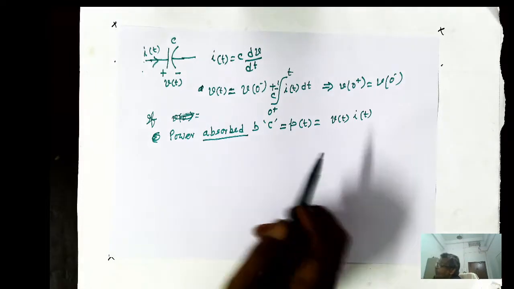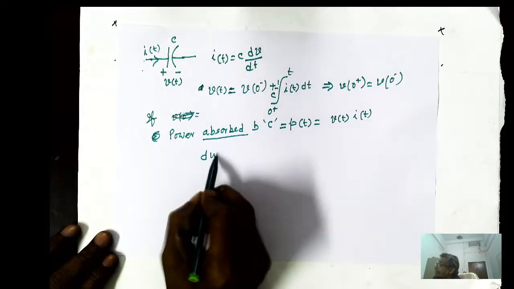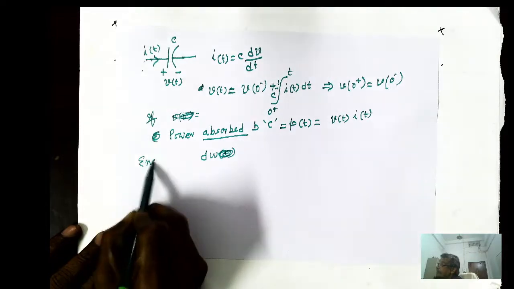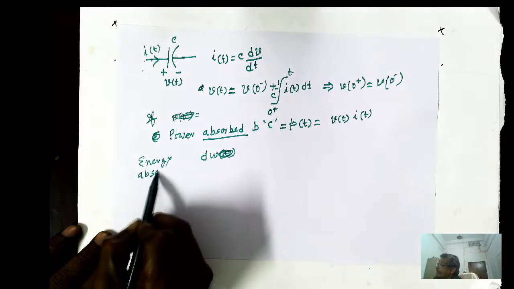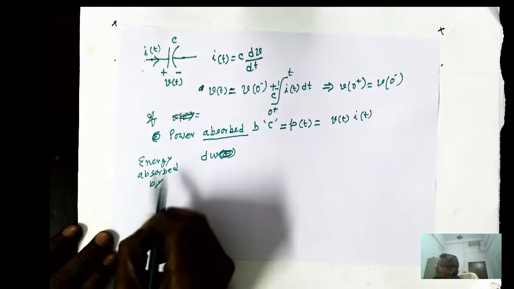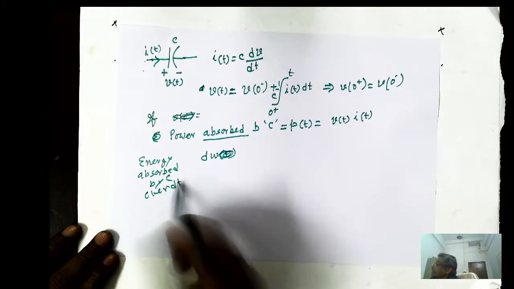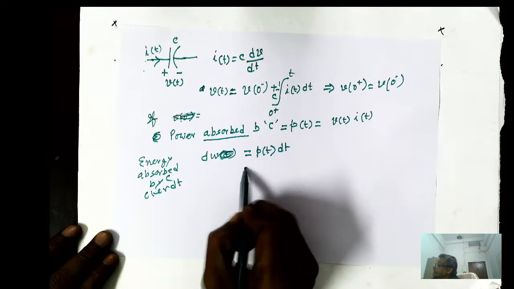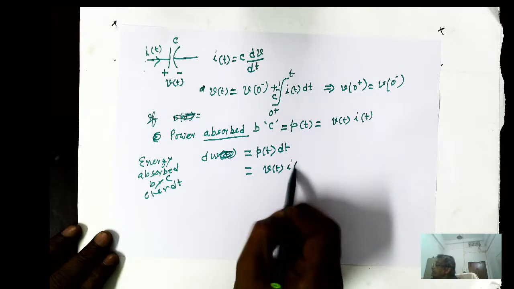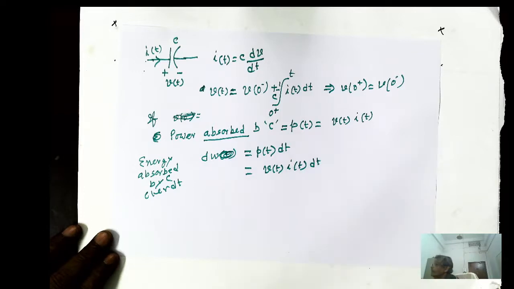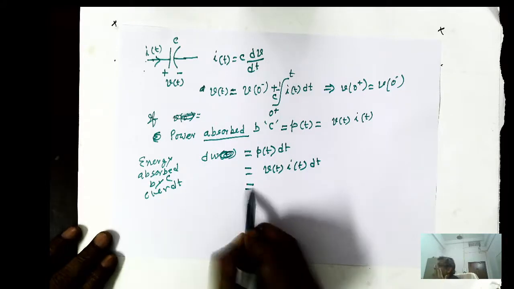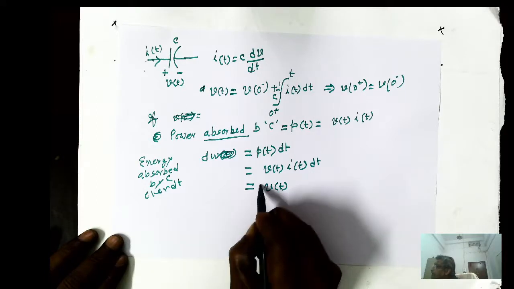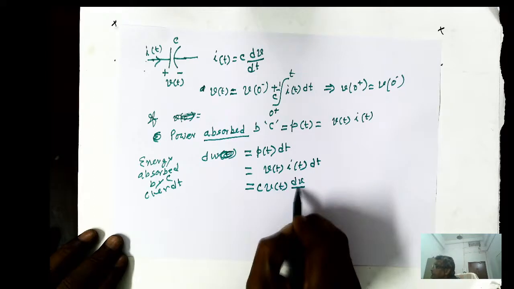Then the energy supplied, the energy absorbed by C over a small interval of time dt, will be equal to p(t) dt, that is equal to v(t) i(t) dt. Now I know that i(t) is equal to C dv/dt, C is constant, so dv/dt into dt, the dt goes.